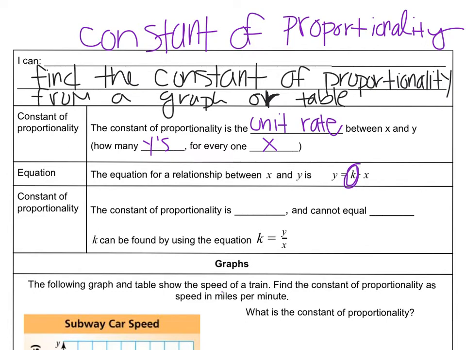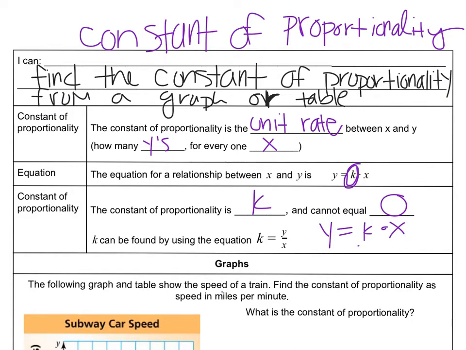The constant of proportionality is marked as k. We're going to use that letter k for the constant, but it cannot be 0. If I have y equals k times x and I want to know what k is, I don't care about the y parts.